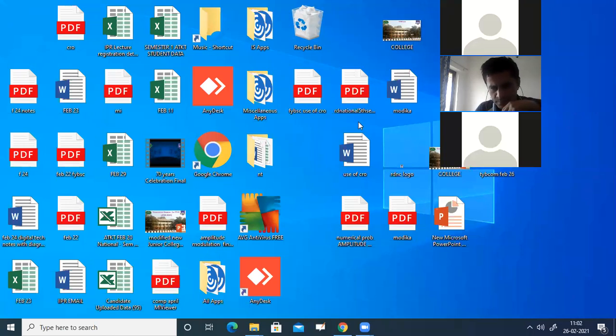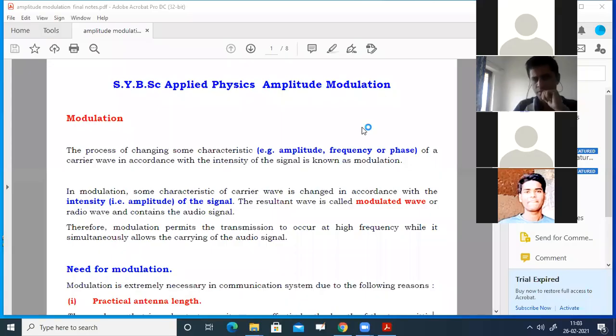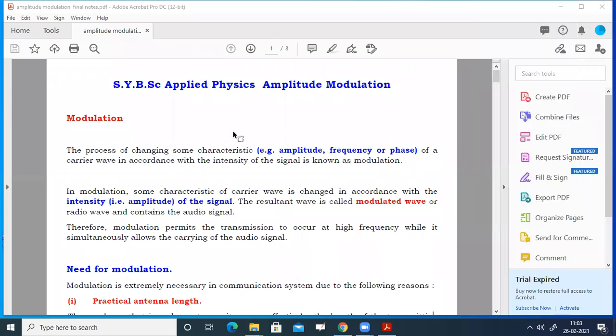Now see, in the previous lecture, I have already explained the concept of modulation. Modulation is the process of changing some parameters, some characteristics like amplitude, frequency, or phase of a carrier wave in accordance with the information signal.